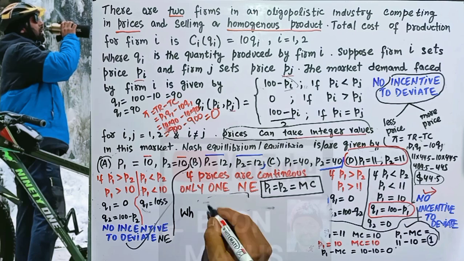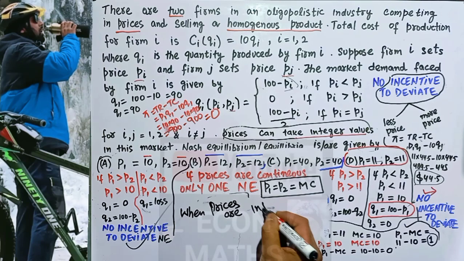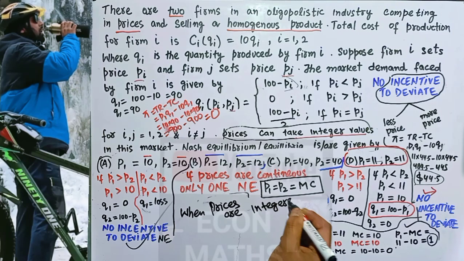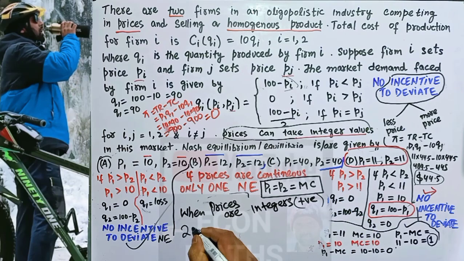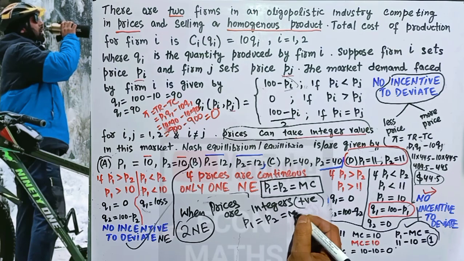But when prices are in integers, obviously positive integers, then there are two Nash equilibria. One is when P1 is equal to P2 is equal to marginal cost.